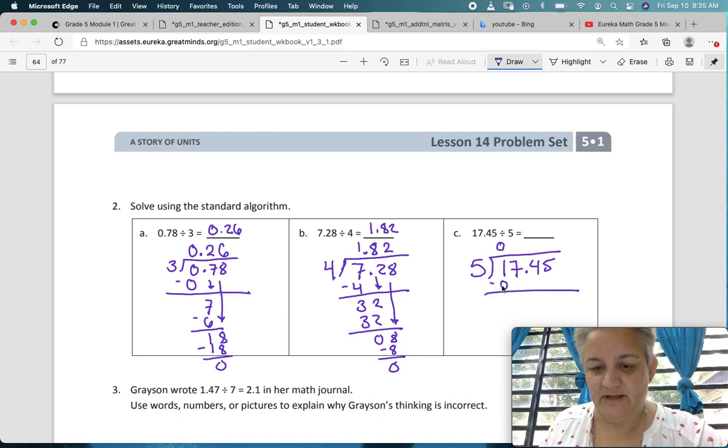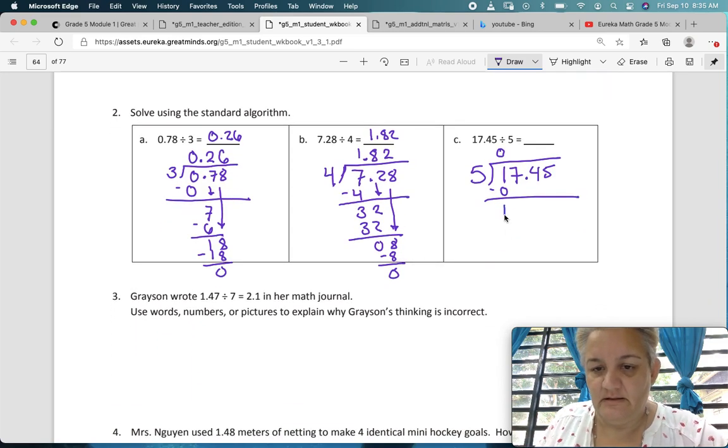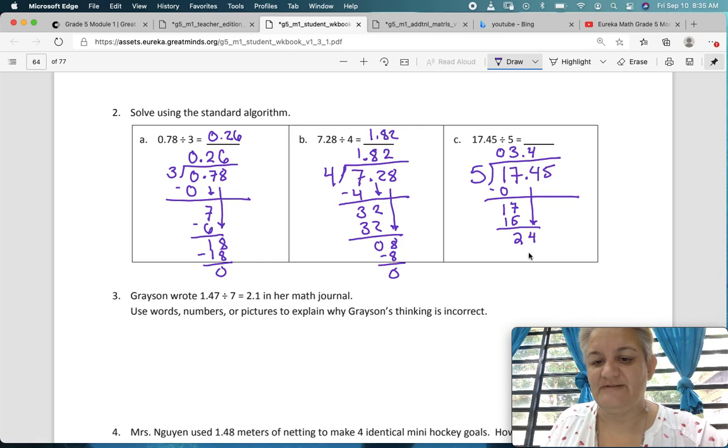And I'm going to have to bring the 1 down, I'm not going to have enough space here, I'm drawing too big. 17 ones. 5 goes into 17 ones 3 times. 3 times 5 is 15. So I have 2 ones left over, and I'm going to bring down my tenths. Now I have 24 tenths. 5 goes into 24 tenths 4 times. 4 times 5 is 20.